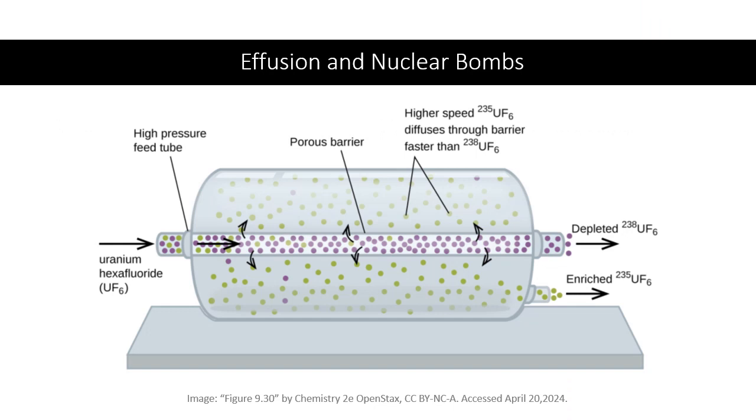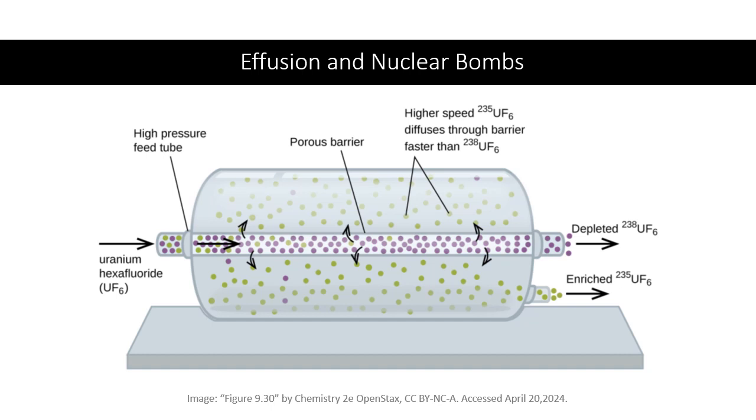Now, this is an aside. The following is an interesting application of Graham's law. So our first nuclear bombs were enriched by using diffusion of UF6, or uranium hexafluoride gases. Now you may be saying, this is diffusion, not effusion, and you're correct, but it turns out Graham's law applies to both effusion and diffusion.